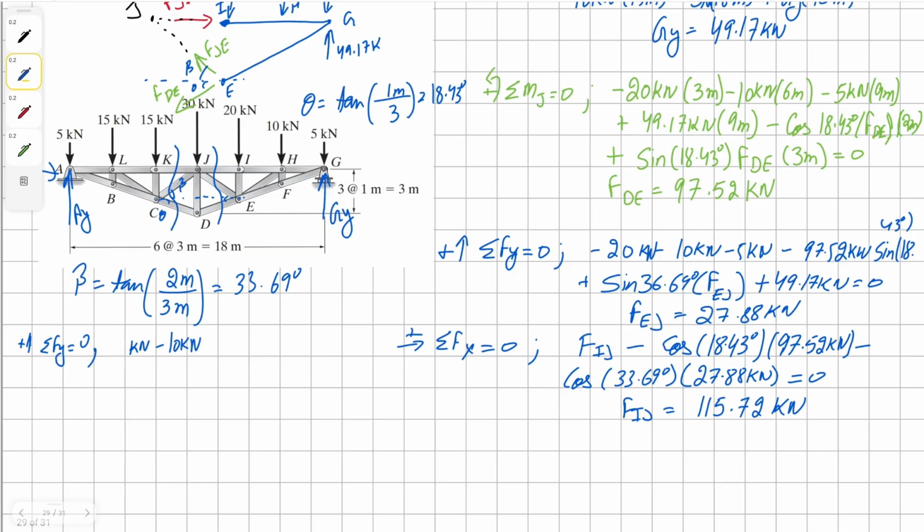Oh, and pardon me, we have two negative 15 as well, so therefore it'll be negative 30, another negative 30 kilonewton, and then adding negative 20 and negative 10, we get negative 30 kilonewton. And then we have positive GY, which we found to be 49.17 kilonewton. And we have our positive AY, all equals to 0.